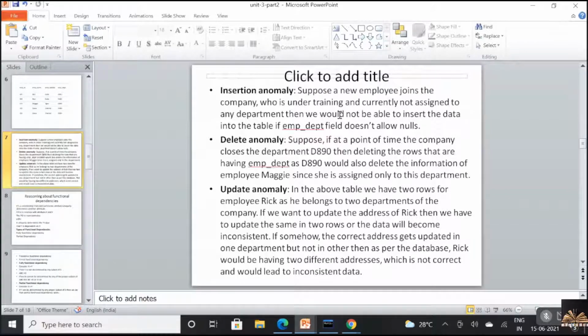I have some data to be inserted, but I'm not able to insert it due to non-availability of some of the columns. That leads to the concept of insertion anomaly.